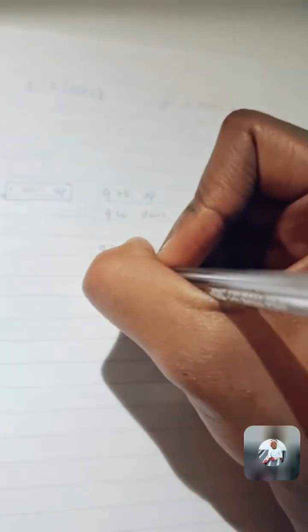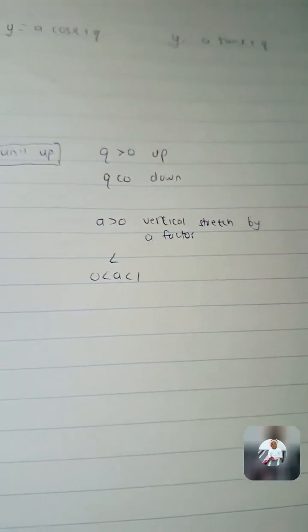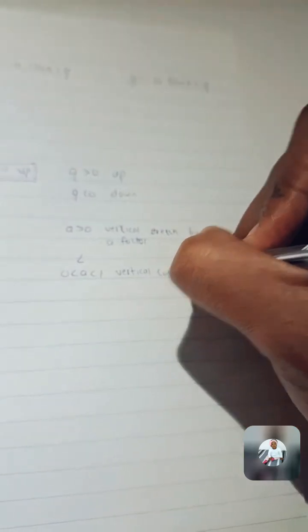If A is between 0 and 1, in other words, it's a common fraction, then we talk about a vertical compression.